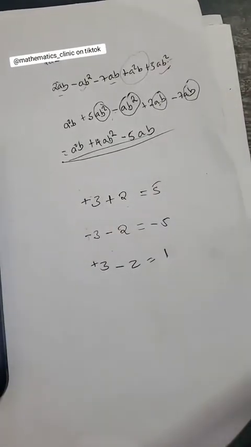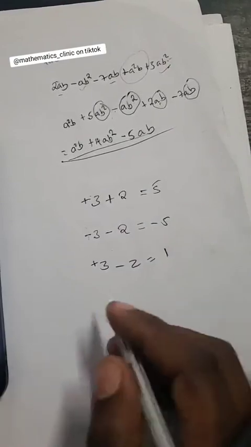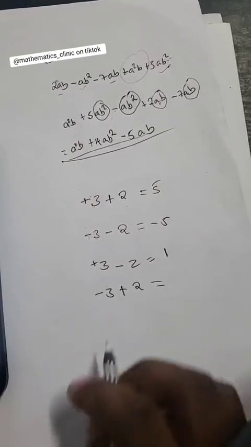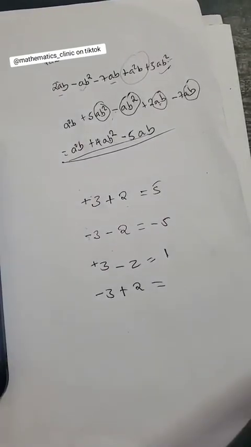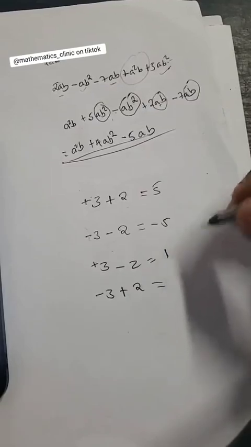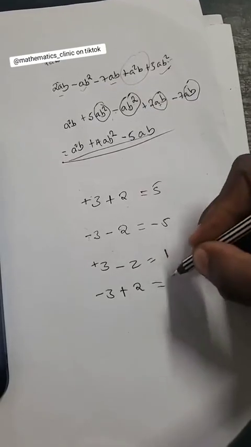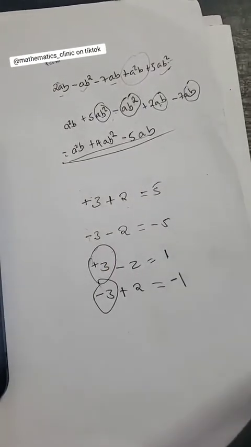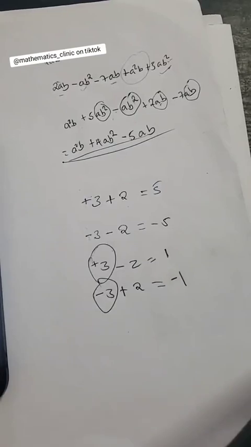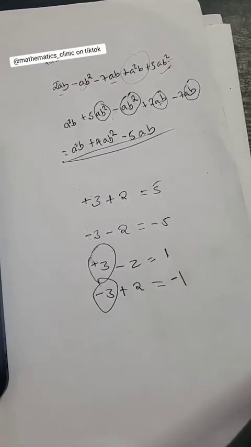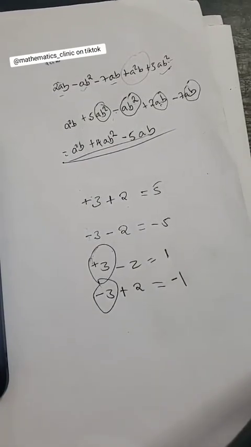Then what about negative 3 plus 2? We will still subtract, as long as the signs are different, but get the sign from the bigger number. So it will be negative 1. I hope that digression was worth it. I hope somebody has learned something.